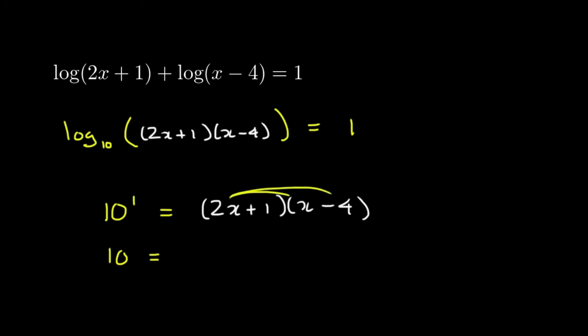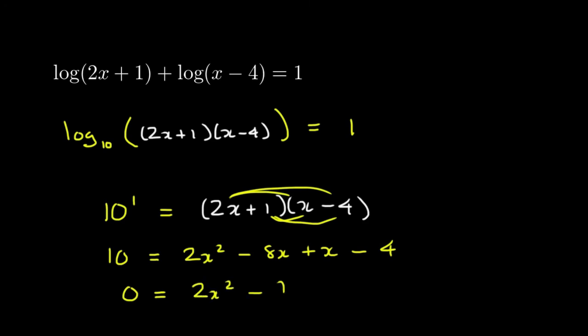And if we start to expand out the right, this will be 2x squared minus 8x plus 1x minus 4. And one last step, I guess it's a two-part step. We'll condense the like terms here on the right-hand side. This will be minus 7x.